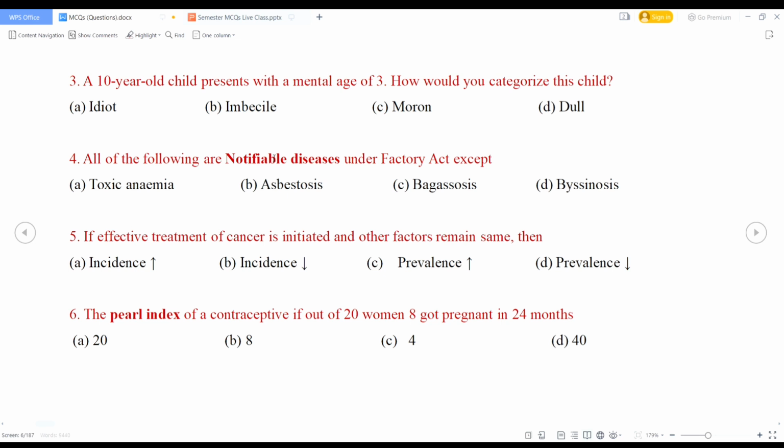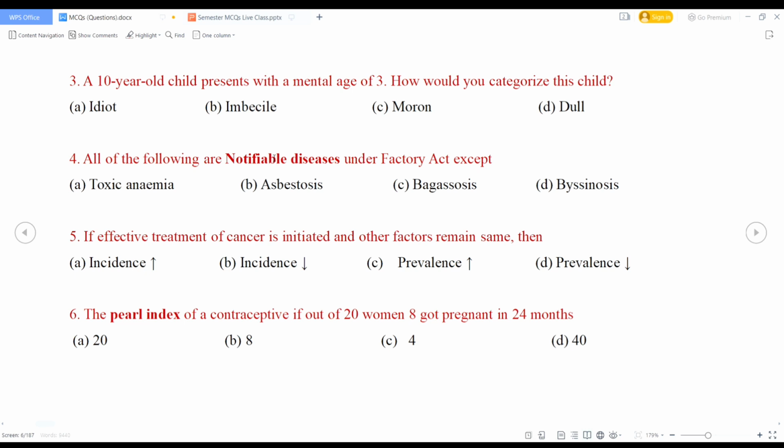Prevalence means new plus old cases, so the prevalence of cancer is likely to decrease over time because the number of old cases will decrease, but incidence or the number of new cases of cancer will remain same. So the right answer is prevalence will decrease over time.